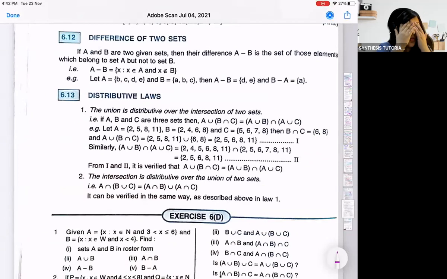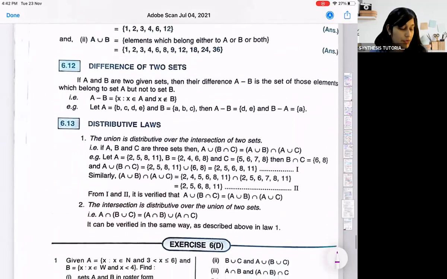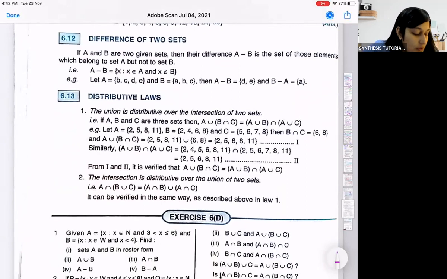So now, what is difference of two sets? Okay, so now we've understood intersection, we've understood union. Now we are understanding difference of two sets. So let's say there are two sets A and B, then their difference A minus B is the set of those elements which belong to set A but not to set B. That means you keep in A only those elements which are in A, and remove the elements of B from A. A minus B will be whatever elements are there in A which are common to B, you will remove those elements.